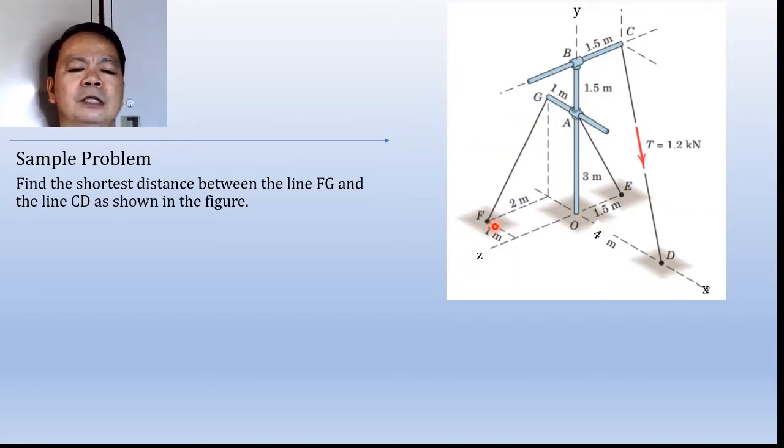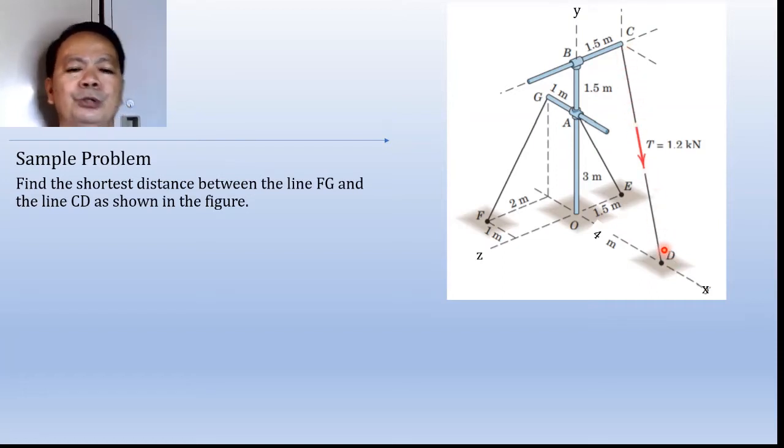One cable joins points F and G, another connects A and B, A and E, and the other one connects C and D. The dimensions of the cables are indicated in the figure. From here, we want to determine the magnitude of the distance between the line FG and the line CD. When we say the distance, we are talking of the shortest distance.